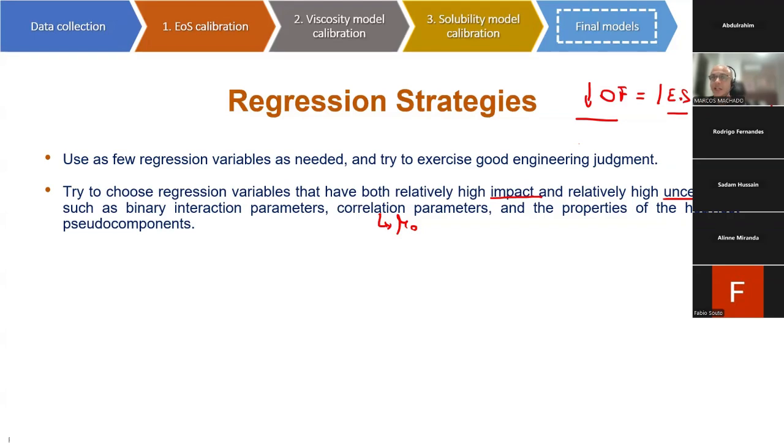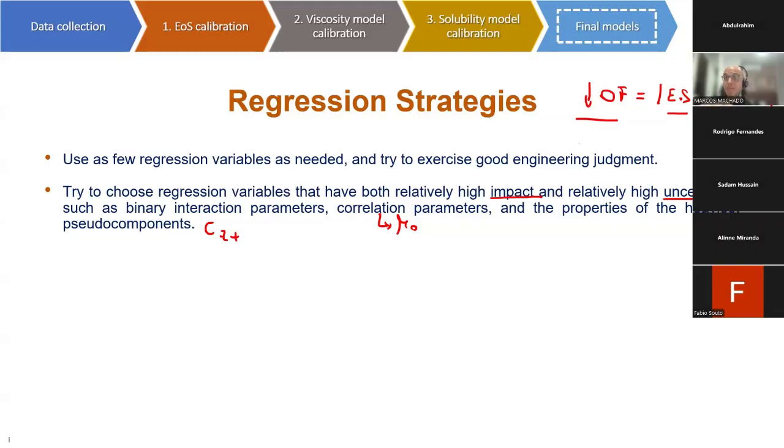Yesterday I showed you that there was a component called C7 plus. C7 plus is the heaviest pseudo component in my mixture. Everyone that has more than 7 carbons is included in this pseudo component. So it carries the highest uncertainty among the other components in my mixture because it is not a pure component. It doesn't represent a single component. It doesn't represent an isomer.